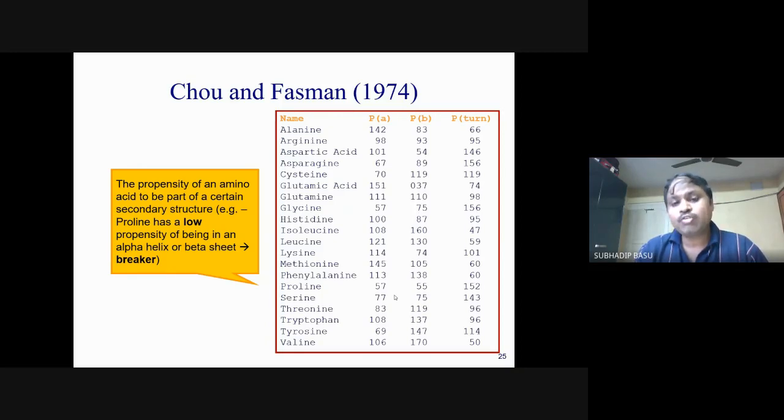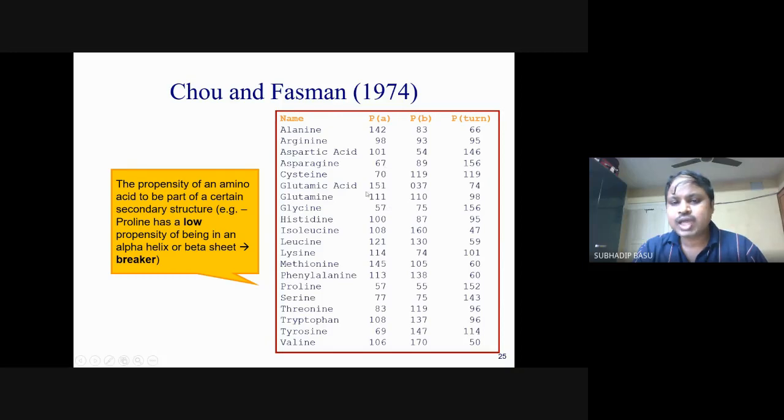P of A is the propensity of alpha helix, and similarly the propensity of beta sheet or of being a turn. They considered all of them, and in certain cases you can say something. For example, tyrosine has more propensity to form a beta sheet than an alpha helix, or maybe a turn as well.